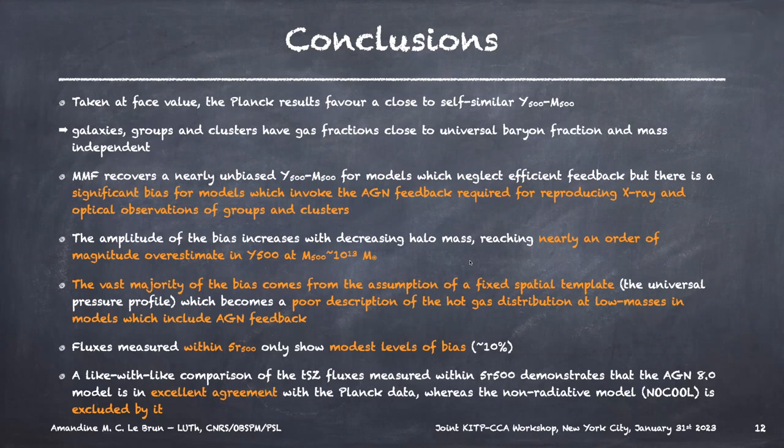It does give us confidence that the AGN feedback is indeed what is needed. But as far as knowing exactly how much of it you should put, I don't think that the Planck data is enough.